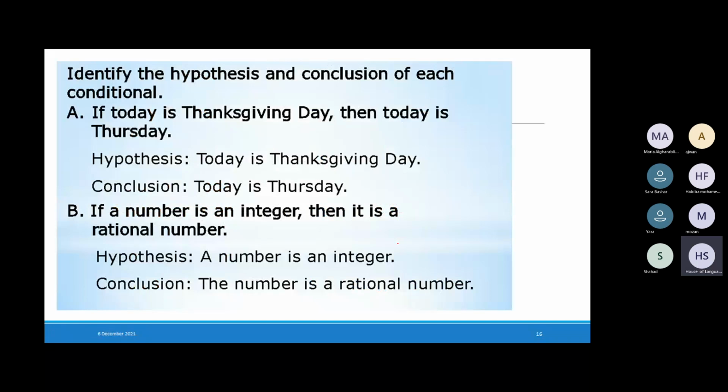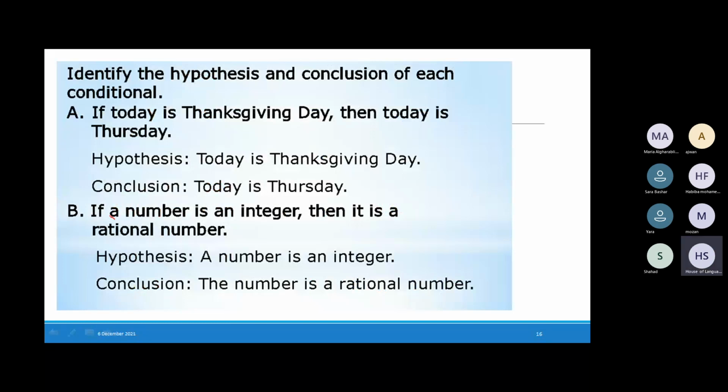If today is Thanksgiving, then today is Thursday. Where is the hypothesis? After if: today is Thanksgiving Day. This is the hypothesis. After then, today is Thursday. This is the conclusion.